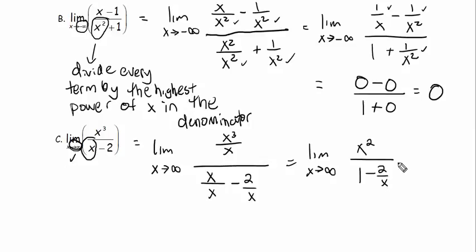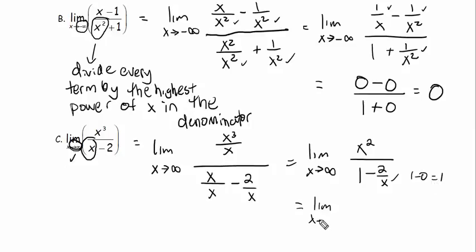So now anything that has an x in the denominator goes to 0. If I substitute in, 1 minus 0 is 1.